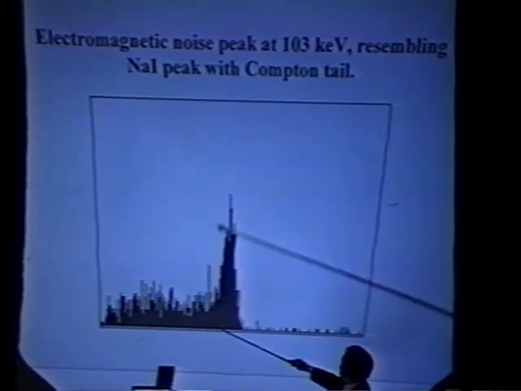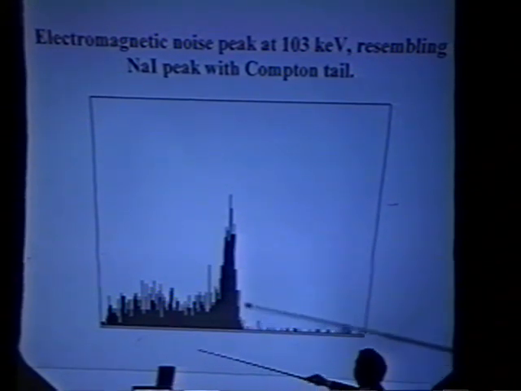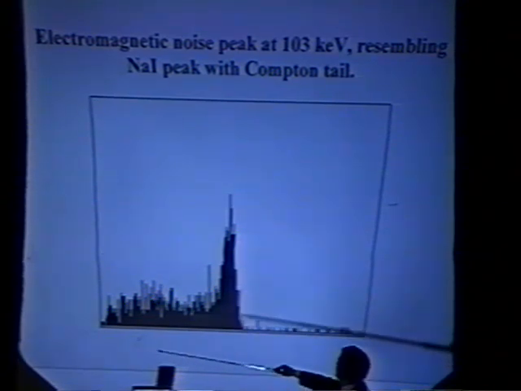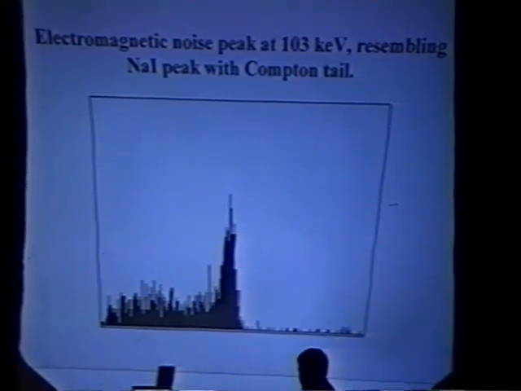So it looks like the characteristic energy of a peak as seen by a sodium iodide detector, and it even looks like it's got some Compton background in front of it, so the signal can mimic a sodium iodide detector.